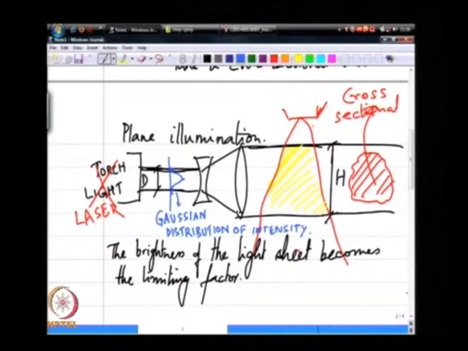So, if I take a laser that has a Gaussian distribution of intensity and pass it through a pair of concave and convex lenses, just like shown there, that intensity distribution is still retained. So, the laser itself, when distributed into a sheet, would still be brighter in the middle than at the edges.